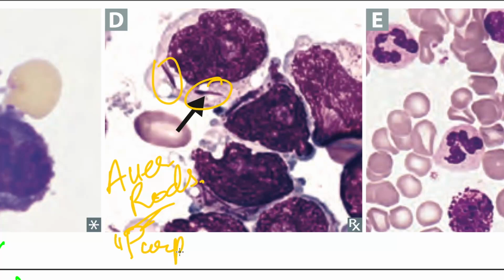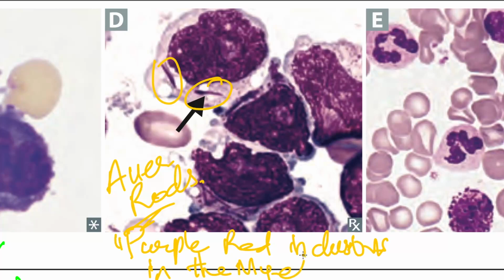Purple-red inclusions in the myeloblasts. Looking at the cell itself, they are very large nucleated cells as compared with RBCs, with scanty cytoplasm. So we have sparse cytoplasm but a very large nucleus.